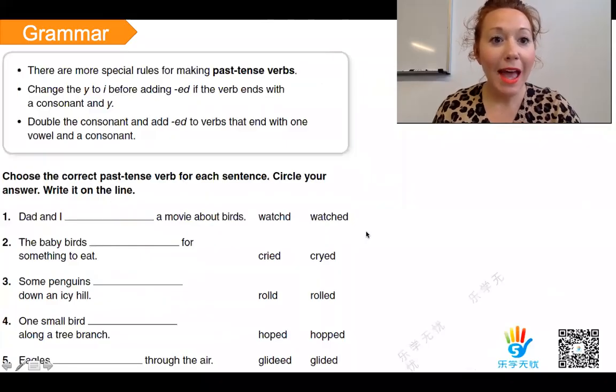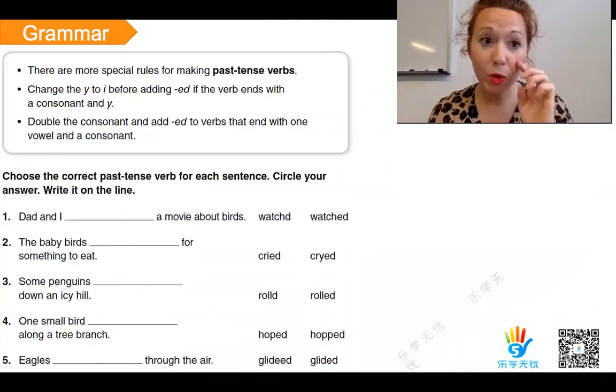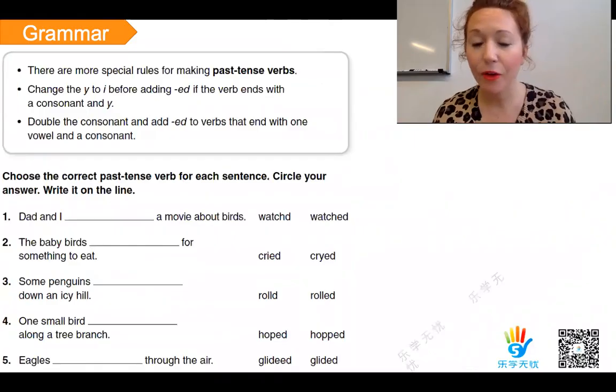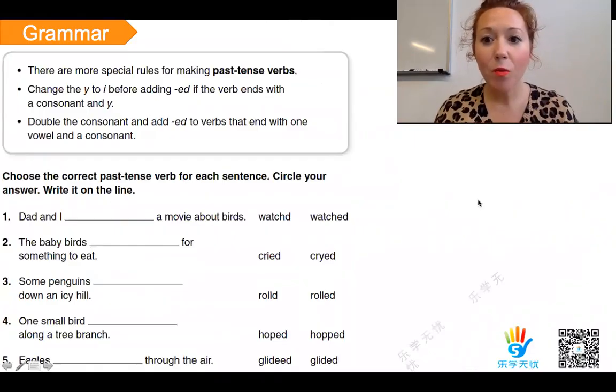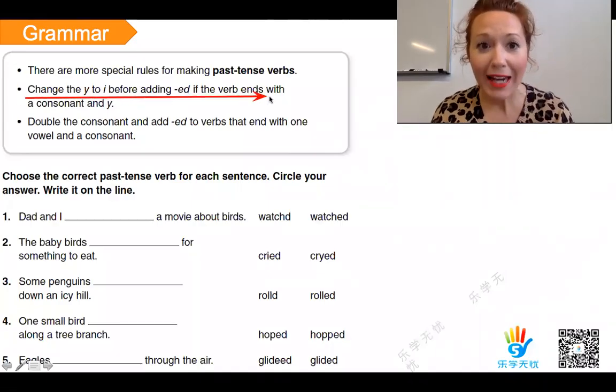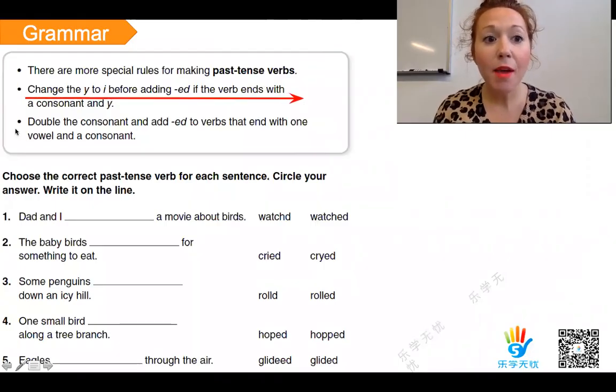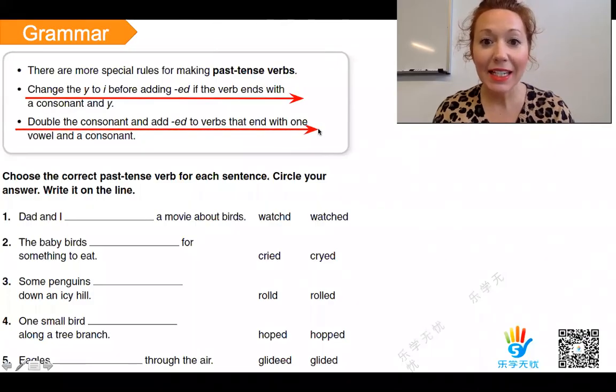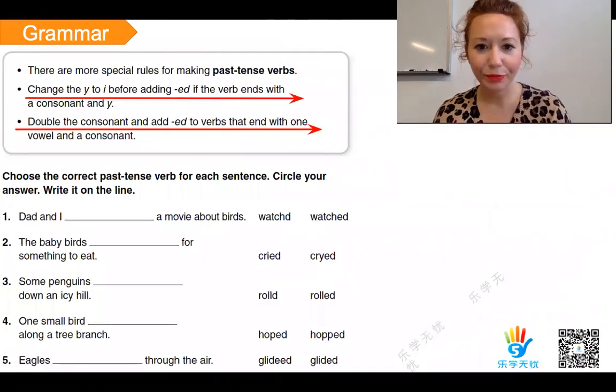Okay, so now there are some more special rules for making past tense verbs. Now, for some of them we need to change a y to an i before adding the ed, okay? And sometimes we have to double the consonant and add ed to verbs that end with one vowel and one consonant.